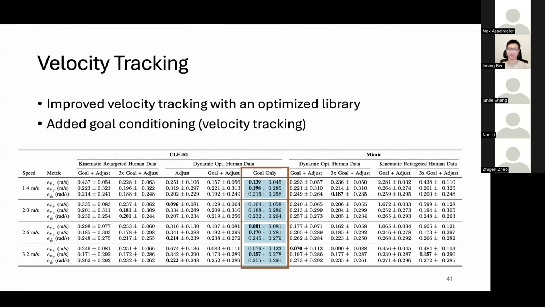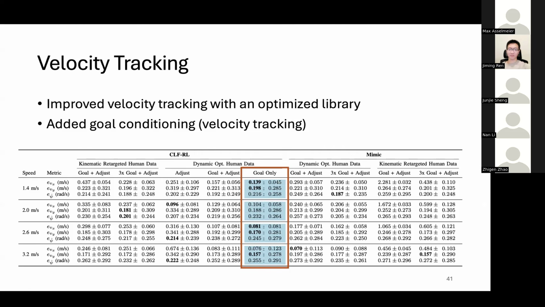Since the kinematically retargeted human data is just a single reference motion, I also tried increasing the goal conditioning weight by 3x, and it still wasn't able to outperform it. If you go too much higher, then you really lose your style and it starts to become not robust as a policy. I found it can fall over.